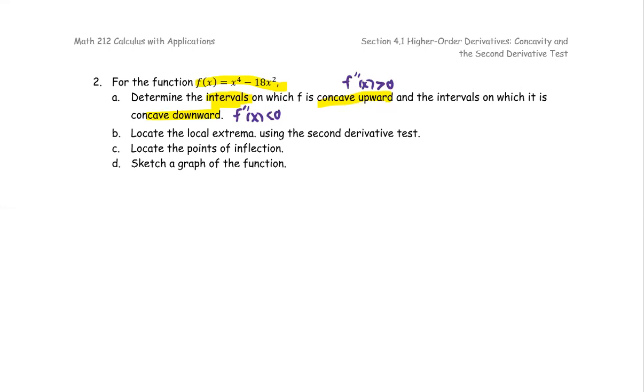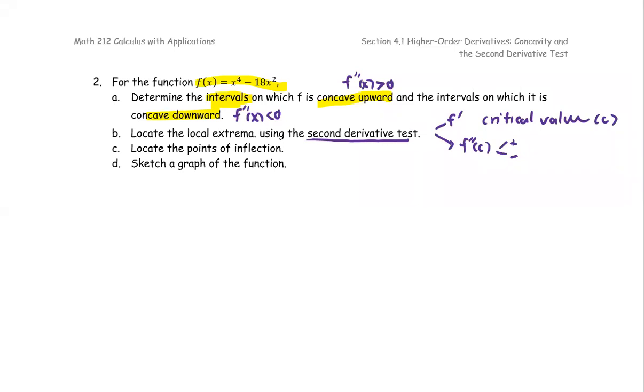Part B, locate the local extrema using the second derivative test. For the second derivative test, you have to find f prime and find the critical values. Then you use the critical value c in the second derivative and check whether the sign is positive or negative.